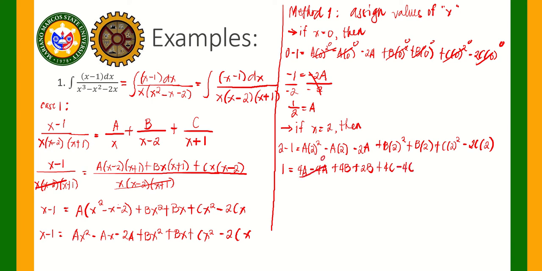So, this will cancel and also with this one. So, we are left with 1 is equal to 4b plus 2b. That is 6b. So, divide both sides by 6 to solve for b. So, our b is equal to 1 over 6.